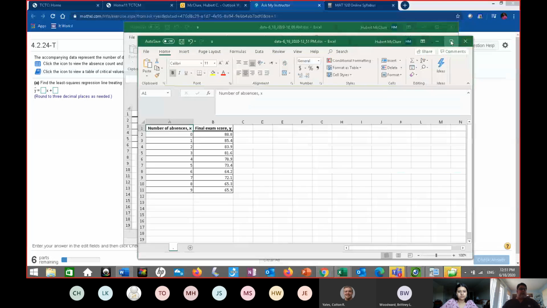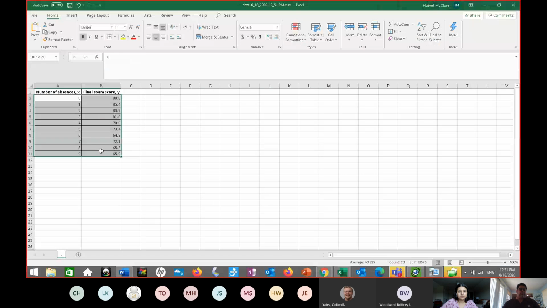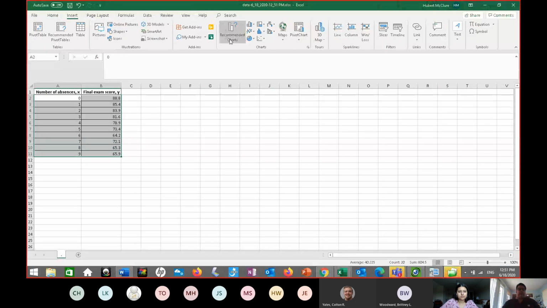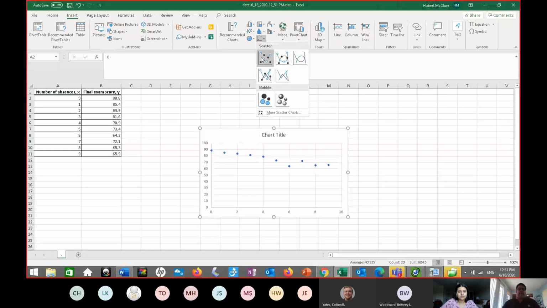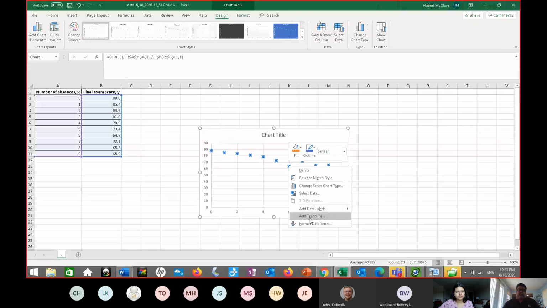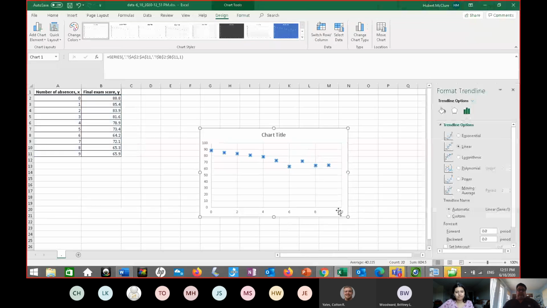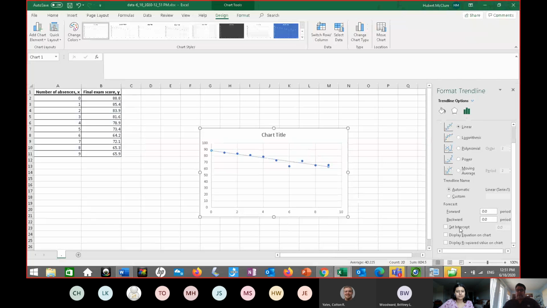And I'm going to highlight my numbers. And I'm going to go to Insert, Chart, Plot. There she is. I'm going to right click on one of the dots. Add trend line.